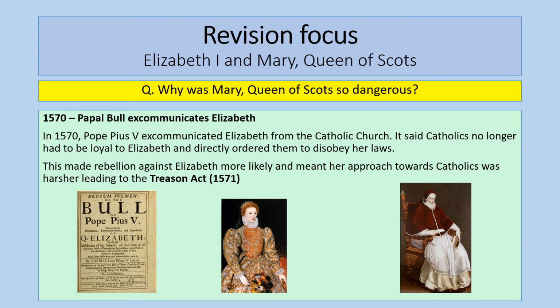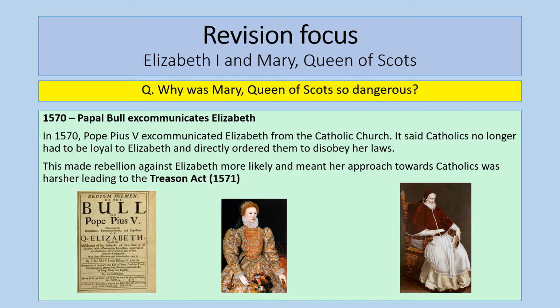Now, one of the interesting consequences of the Northern Rebellion is that not that many Catholics really got involved in it, and therefore the Pope at the time, Pope Pius V, sees an opportunity, and he decides he needs to do something to encourage Catholics in England to rise up and rebel against Elizabeth.